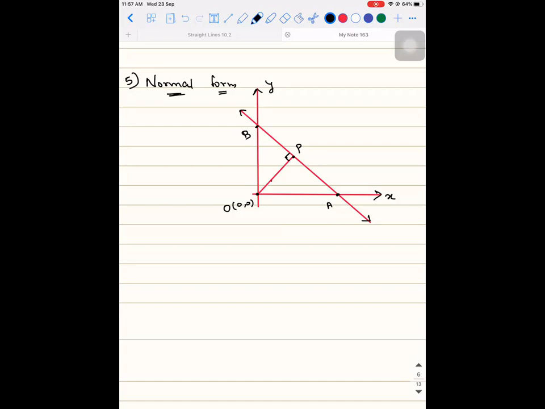So for you to write the equation in normal form, there are two values that are to be given. One is the perpendicular distance from the origin to the line, and the second is the angle made by the perpendicular with the x-axis in the anti-clockwise direction. So what should be given?